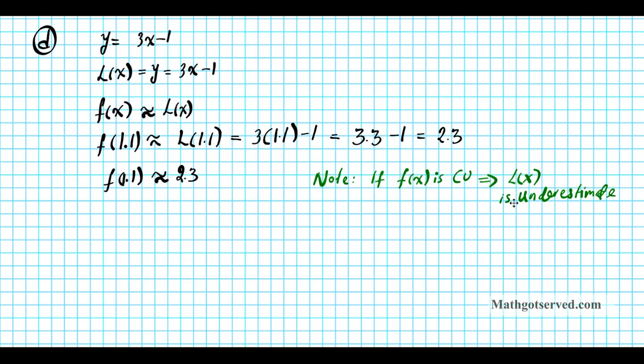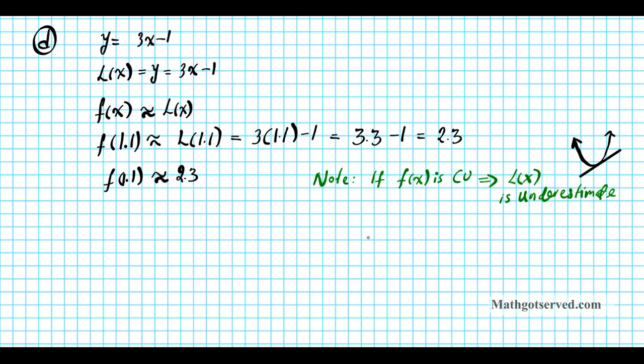Okay, well, how do we know? Let's make a sketch. Let's say you have a function with upward concavity. When you draw a tangent line at any point, what do you notice? The tangent line is underneath the curve. So if the function is concave up, the linearization, or the estimation with the tangent line, is always an underestimate.